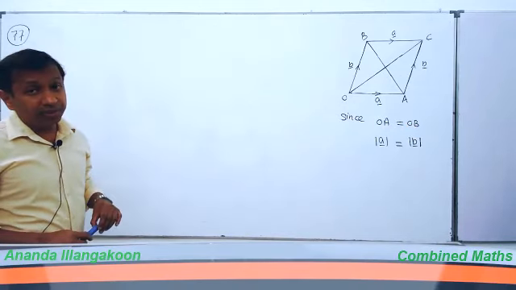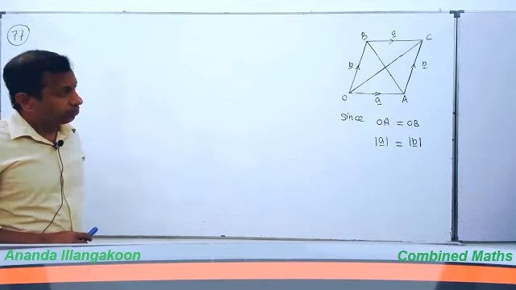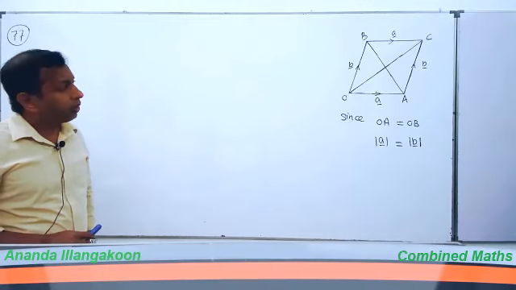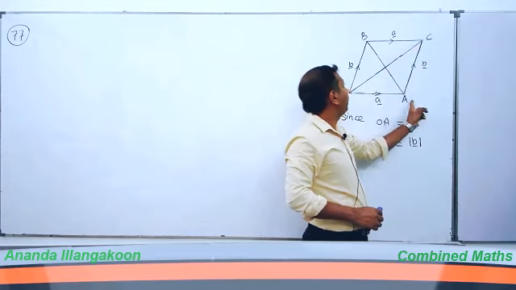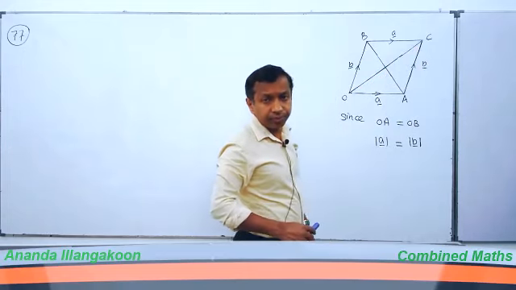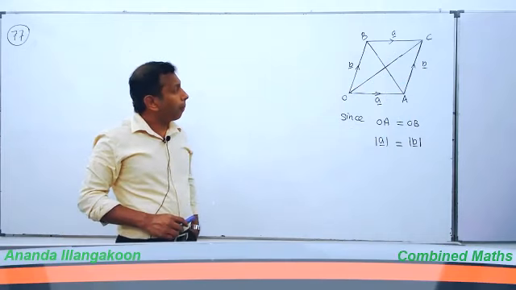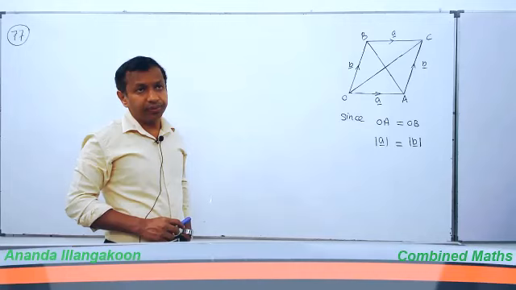OA length and OB length being equal, because in a rhombus all four sides are equal in length. Now, the first thing I have to prove is what, people? This OC diagonal is perpendicular to this AB diagonal. That's what I have to prove first.